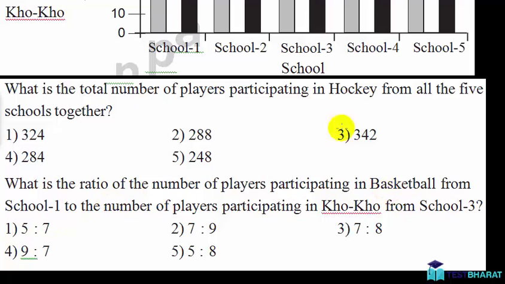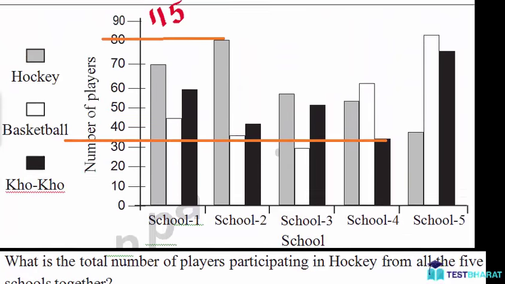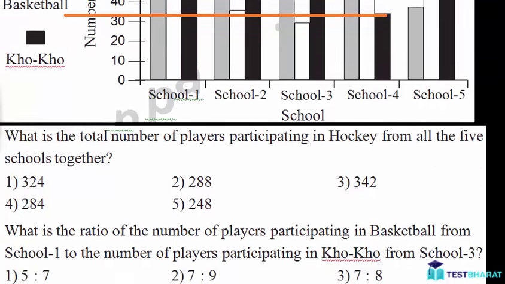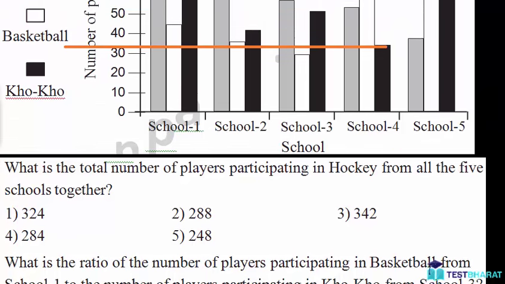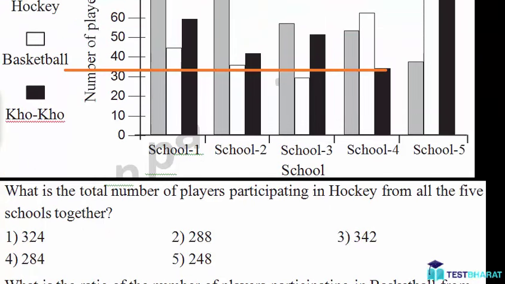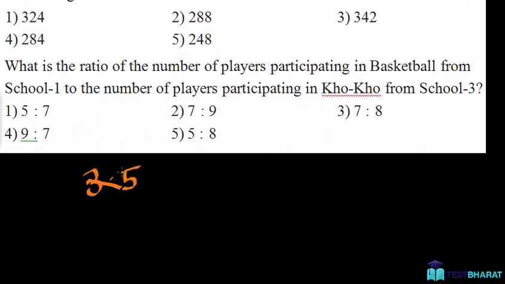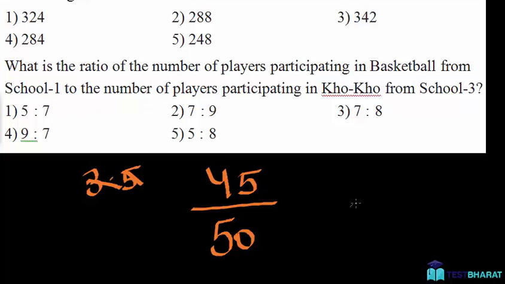So basketball from school 1 is around 45, and Kho from school 3 is around 50. Our ratio is 45 divided by 50, so this is 9 by 10.